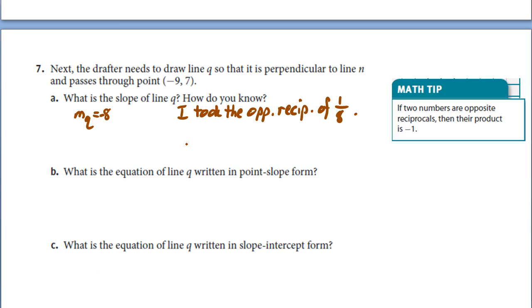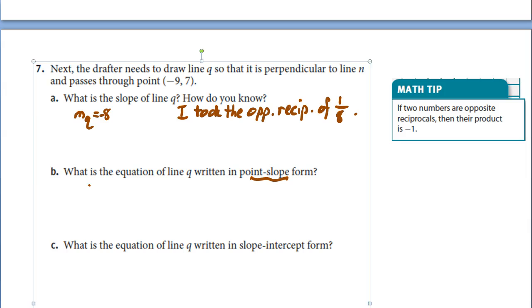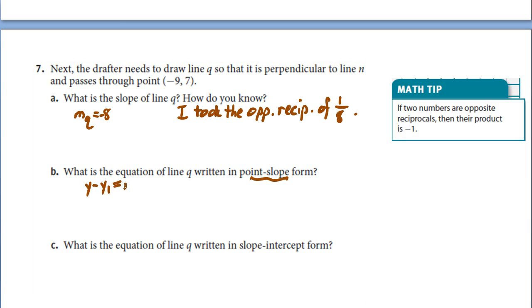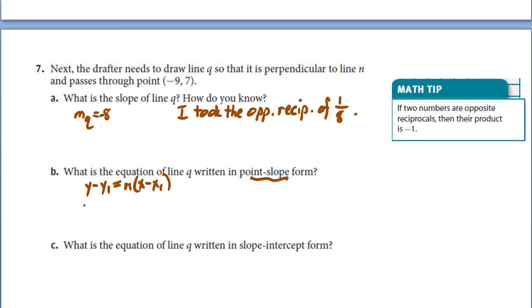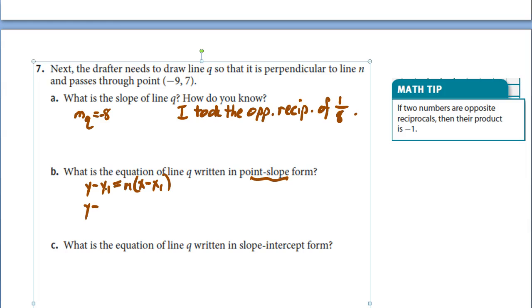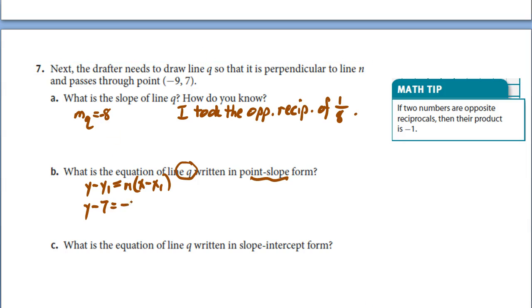Question B, what is the equation of line Q in point-slope form? So y minus y1 equals m times x minus x1. For y1, we're using a point that is on line Q, and that, remember, is negative 9, 7. So its y-coordinate is the 7. For the slope, we're using the negative 8.